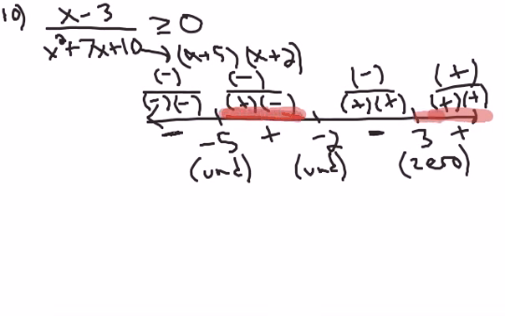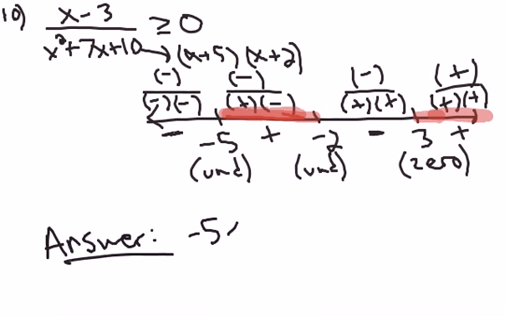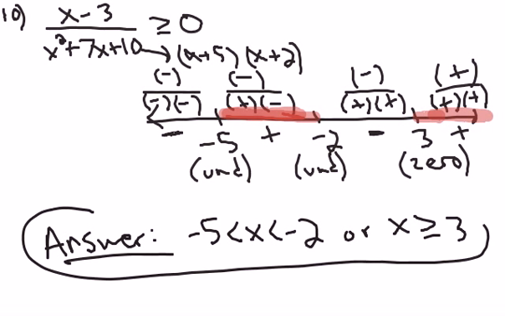But notice -5 and -2 will never be included because those are asymptotes. So my answer will be between -5 and -2, or to the right, including 3. Okay, so there you have number 10. Let's move on to number 11.